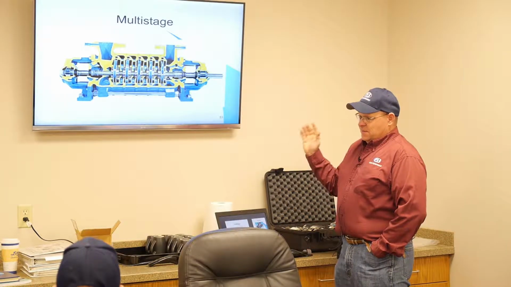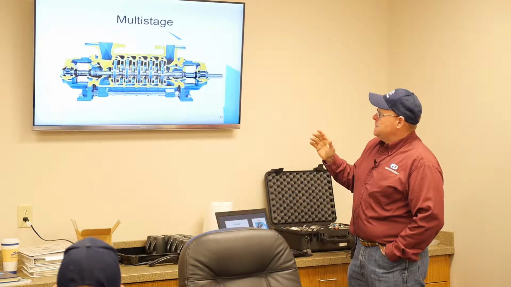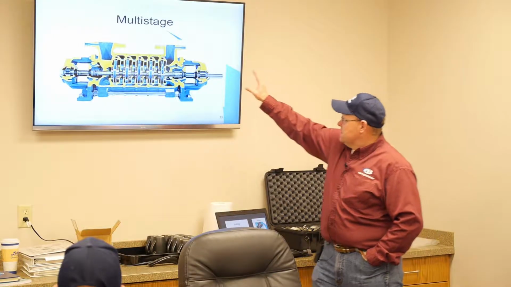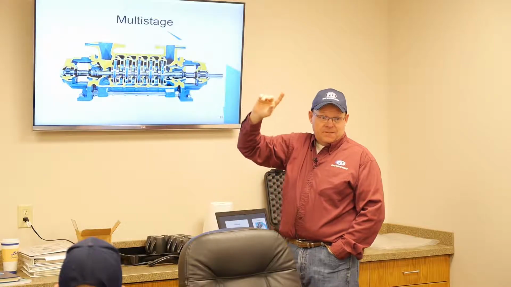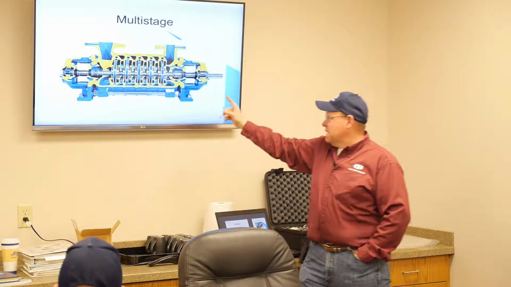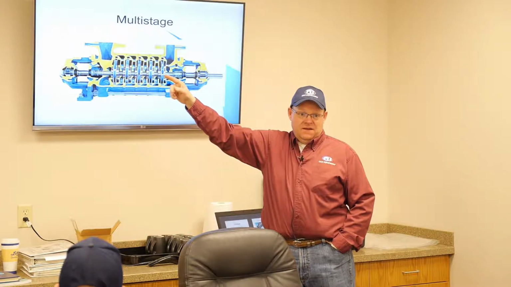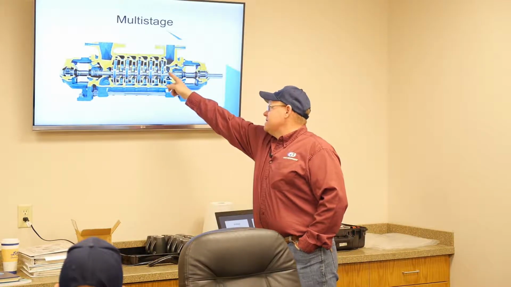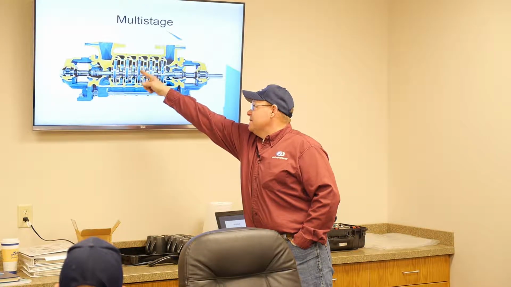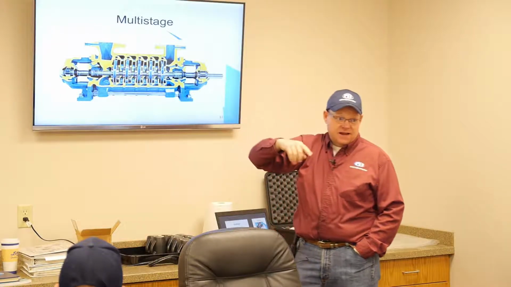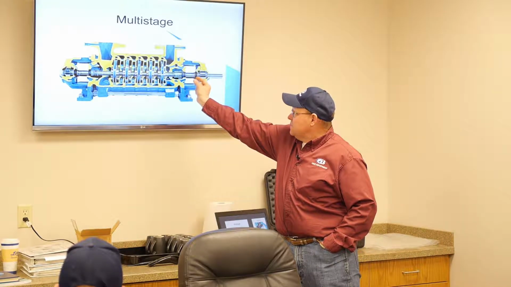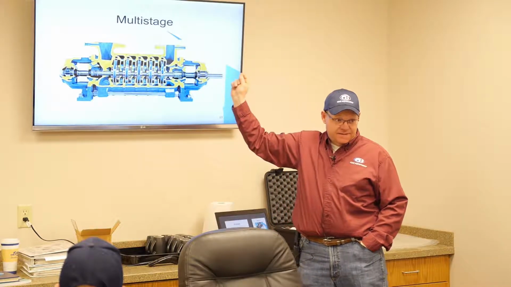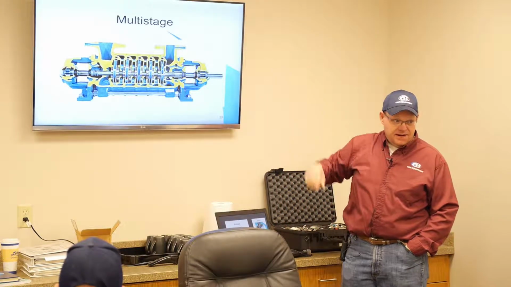Another one, this is a multi-stage pump. Basically, the premise is suction here, and each one of these stages is going to create a certain amount of pressure. And as we go across there, it's going to get higher. So if this does 30 pounds, 60, 90, 120, 150, it's a high pressure pump. If you notice, it also has the real close impellers. In other words, it's high pressure. Just keep that in mind, high pressure.